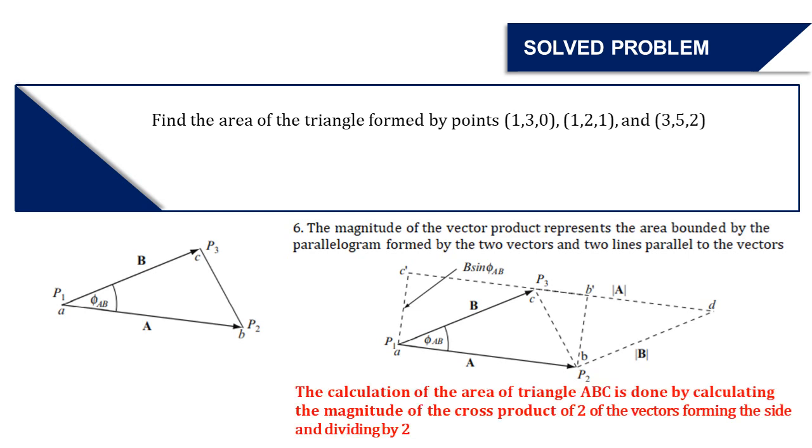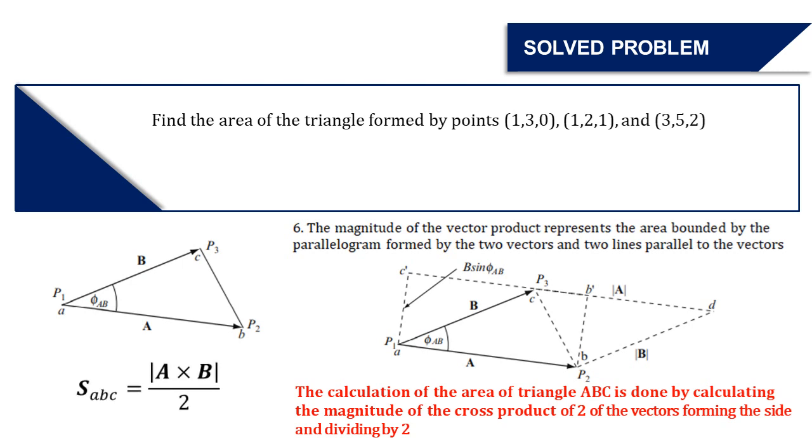So the calculation now becomes, for the area of the triangle ABC, we will calculate the magnitude of the cross product ng dalawang vectors na yan and hahatiin lang natin sa dalawa. Yun na yung area ng ating triangle, right? So, yeah. Therefore, yung ating area ng triangle ABC, we denote it with S to signify surface area ng ating triangle ABC. It is equal to the magnitude ng ating cross product divided by 2.